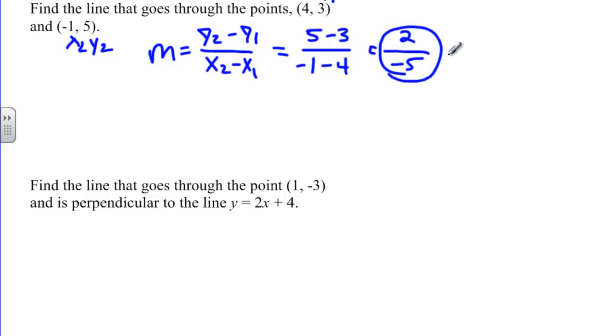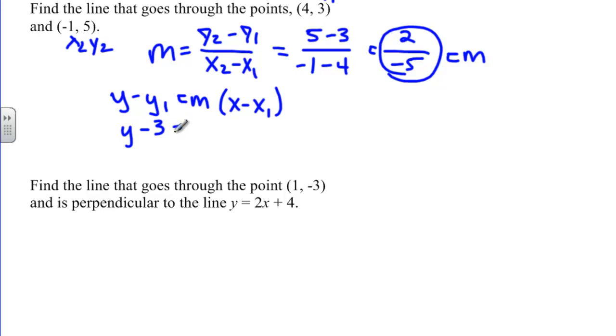That's m. Well, now I have a point and a slope, so what I can do is use those in point slope form. y minus y1 equals m times x minus x1. Well, y minus, let's use y1 right there, 3, equals -2/5 for m, x minus x1, which is 4.